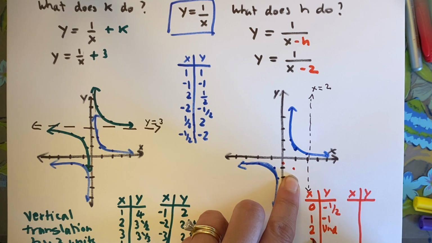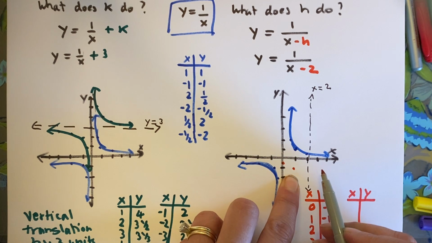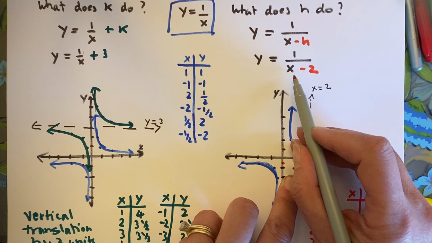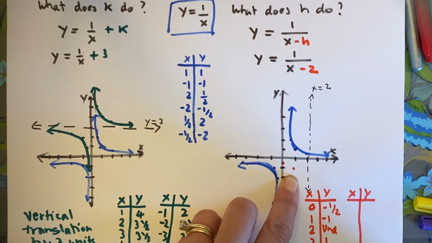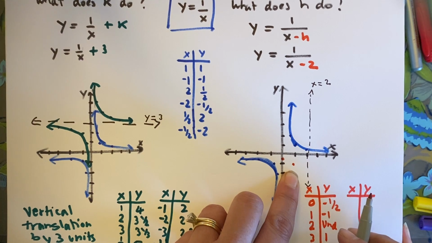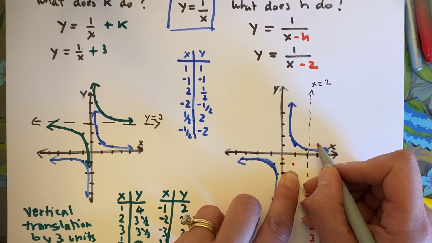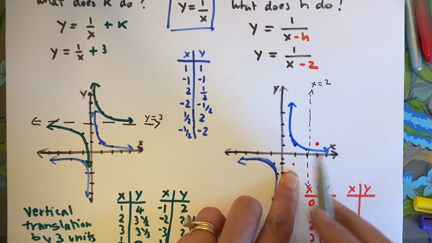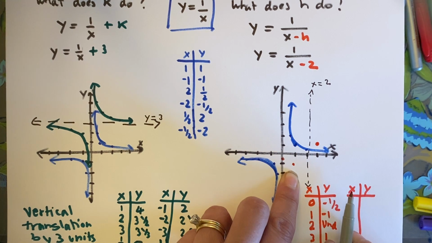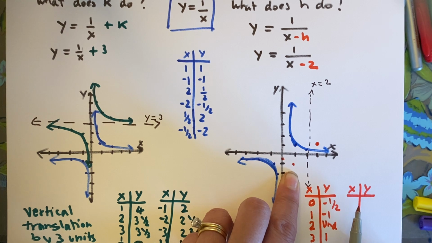So 2 doesn't work. Let me try 3. If I put in 3, I get 3 minus 2 on the bottom, which makes 1. 1 over 1 is 1. Okay, so if I graph 3, 1, I'm here. Interesting. So I have 1 point on this side and 2 on that side. I'm going to use this other table on the right to try to equalize things.